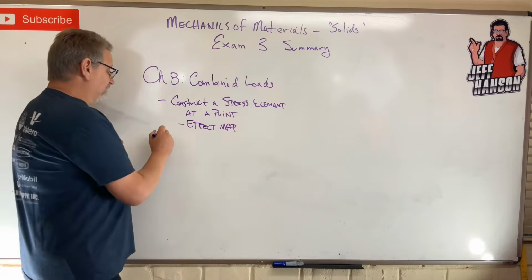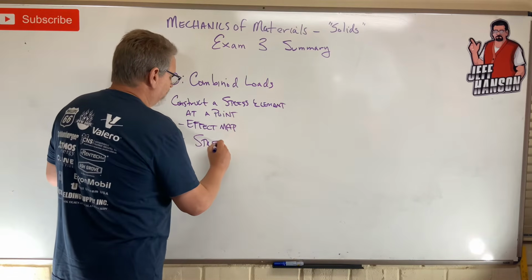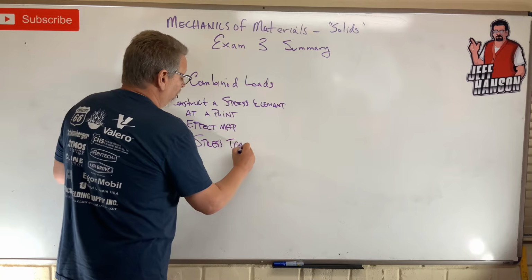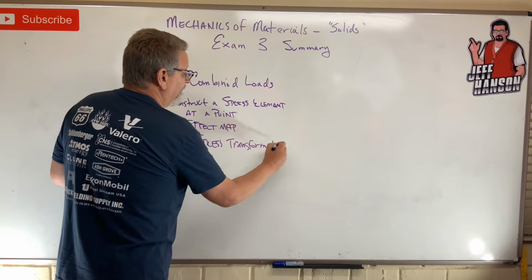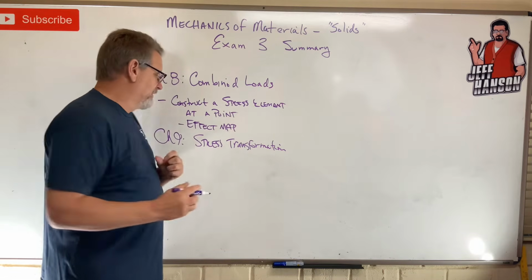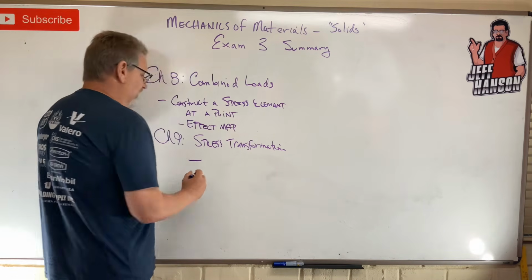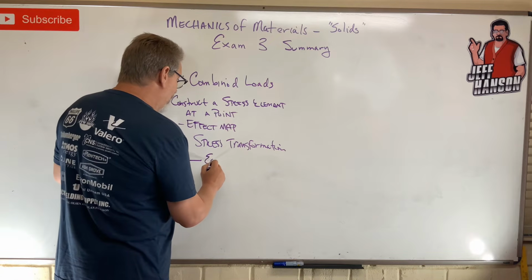The next chapter we talk about is chapter 9, which was stress transformation. Okay, and if I had to divide the chapter on stress transformation, there's a lot in there. I would divide it into these things, okay? Number 1 would be the equation method.